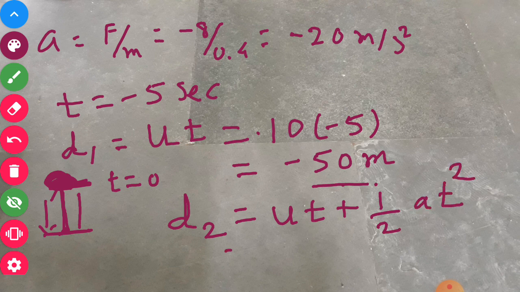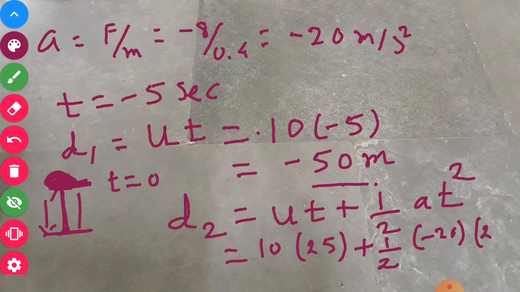Initial velocity is 10, time is 25 seconds, plus 1/2, acceleration is minus 20, and the square of 25. If you simplify this, you will get minus 6000 meters, or we can say minus 6 kilometers.